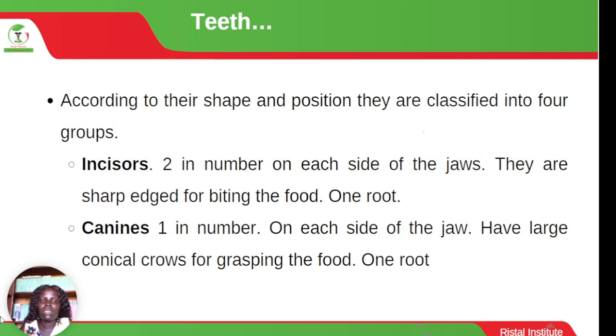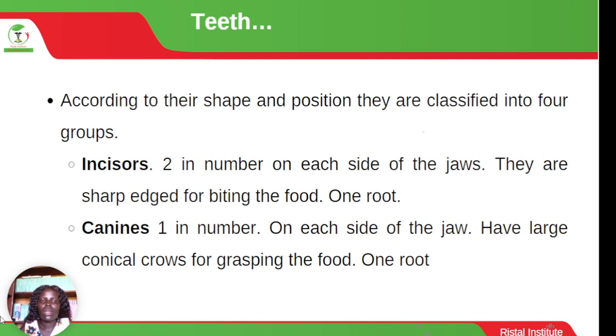We have the incisors. They are 2 in number on each side of the jaws. They are sharp edged for biting the food, and they have only one root. Then we have the canines.